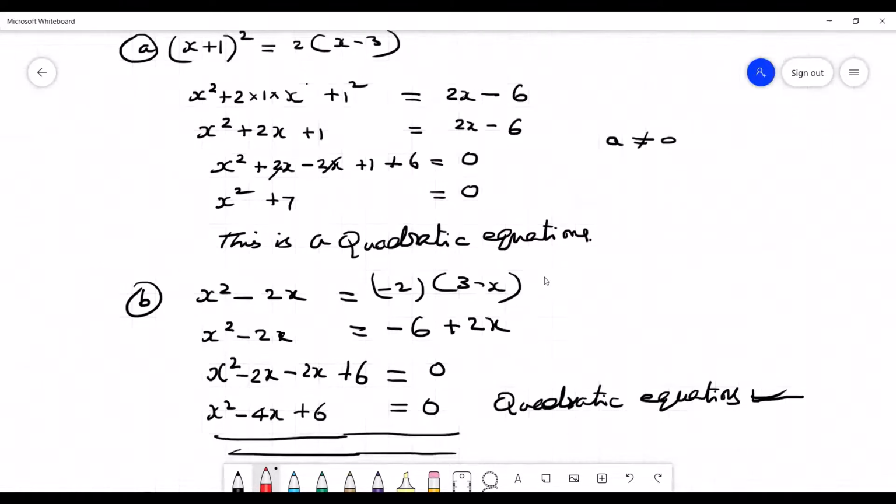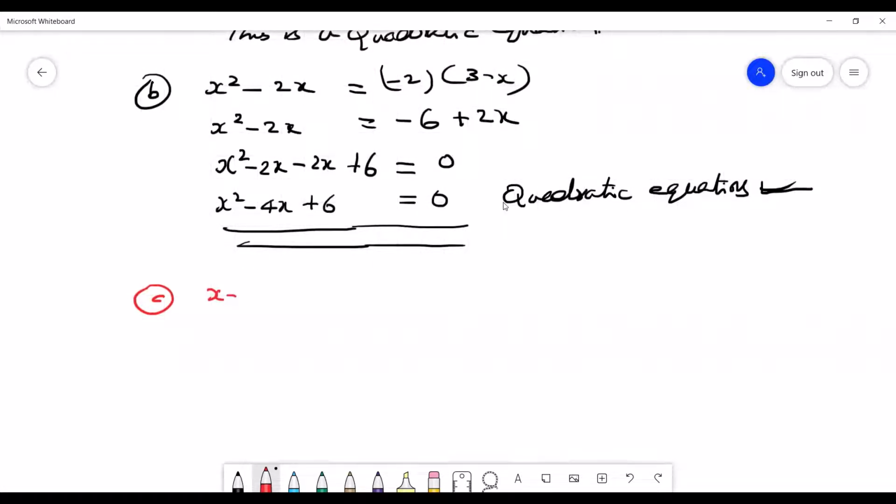That is question number 2C. x minus 2 into x plus 1 is equal to x minus 1 into x plus 3.